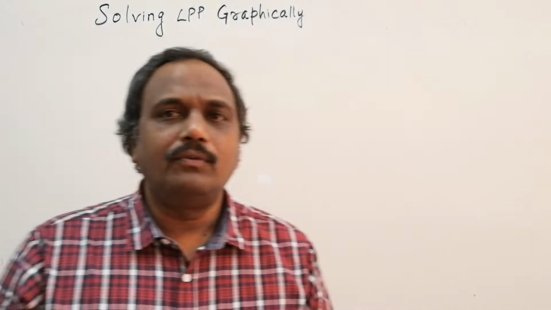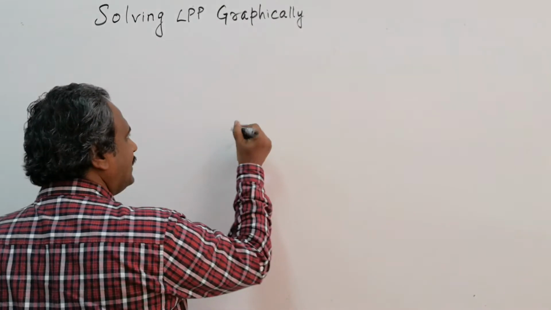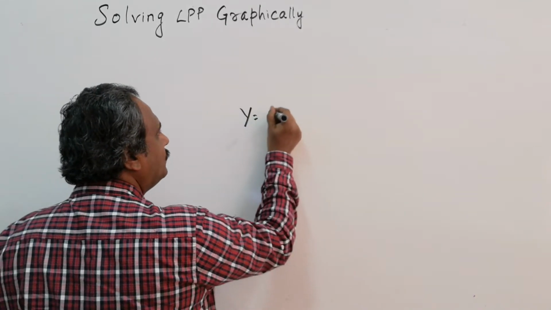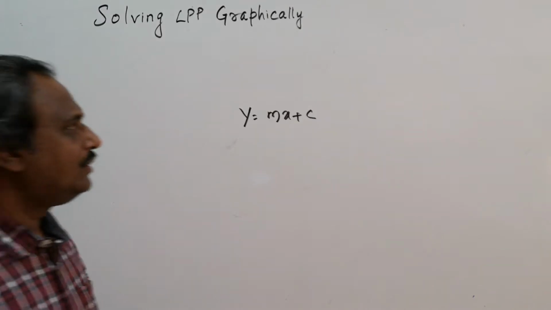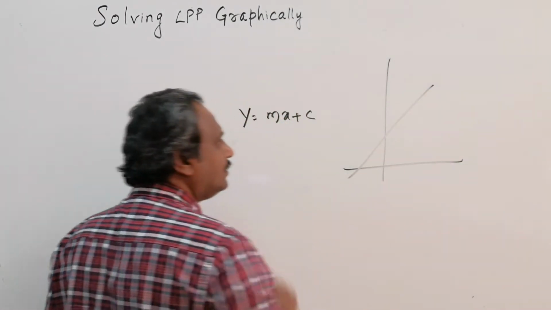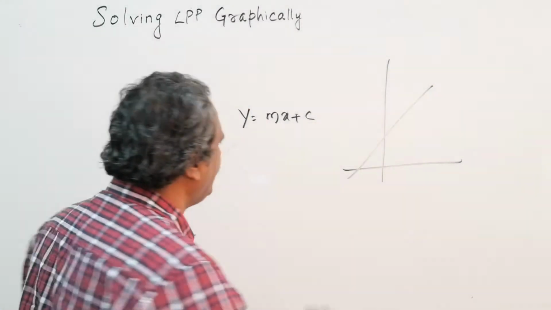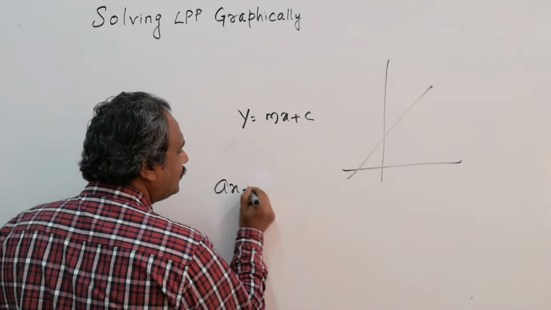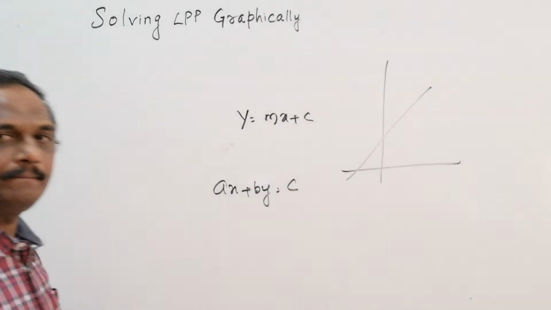In previous classes, you studied that when you have y is equal to mx plus c, a straight line, you can form the line, isn't it? You are having an equation ax plus by is equal to c.